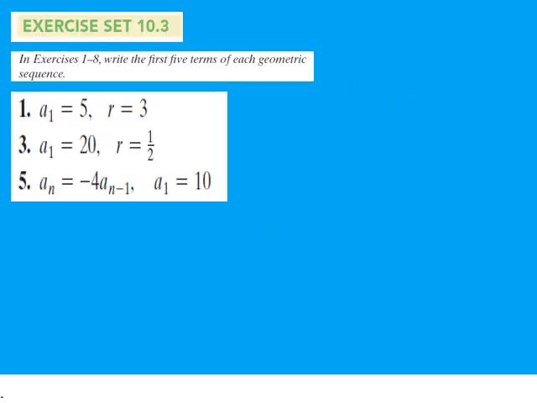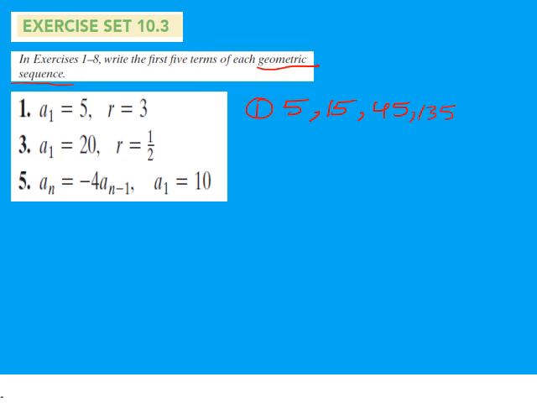Exercise 10.3 from your book asks about writing the first 5 terms of the given geometric sequence. Regarding number 1, the first term is 5 and the common ratio is 3. So I'm going to write 5, and each consecutive term I'm going to multiply by 3. So 5, 15, 45, and 45 times 3 is 135.